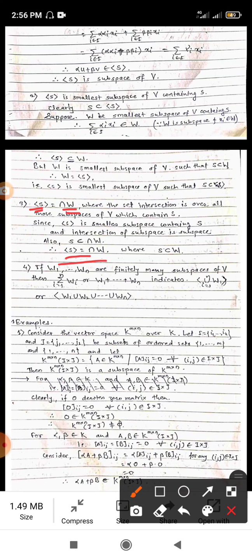So in these four cases we can see the properties of the generator of S.